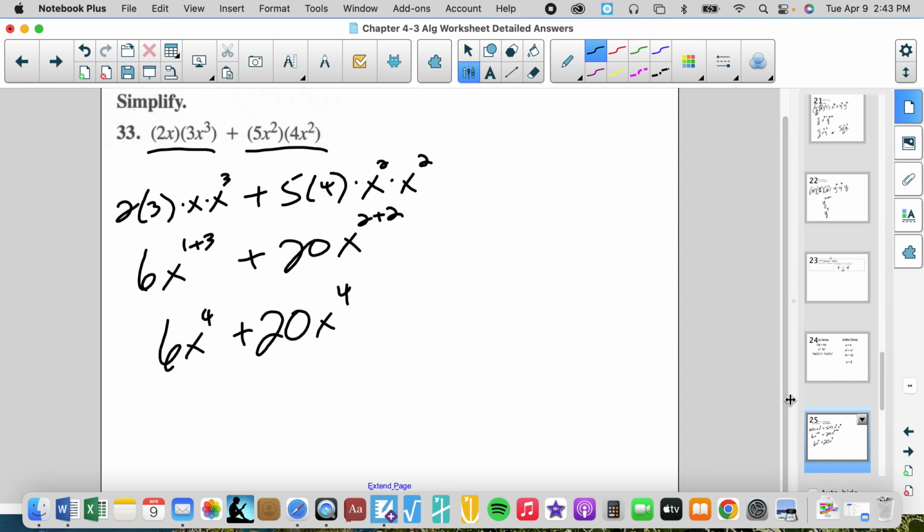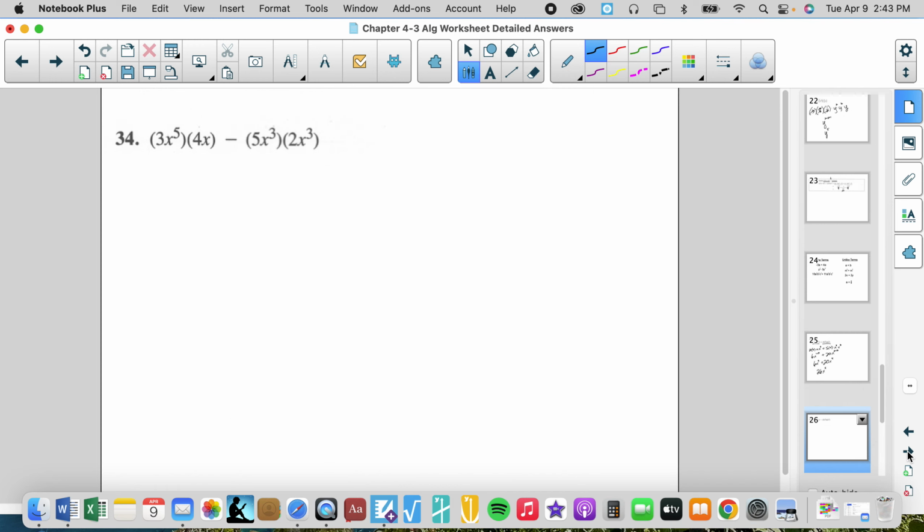Those are like terms, so we're going to combine their coefficients, and we get 26x to the 4th. Notice the variable stayed as x to the 4th. We did not add their exponents because we're not multiplying them. At that point, we're just adding, and we just add their coefficients.